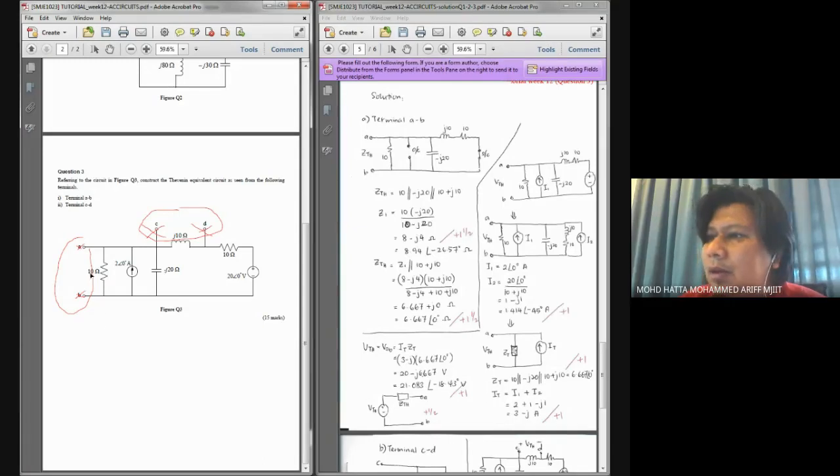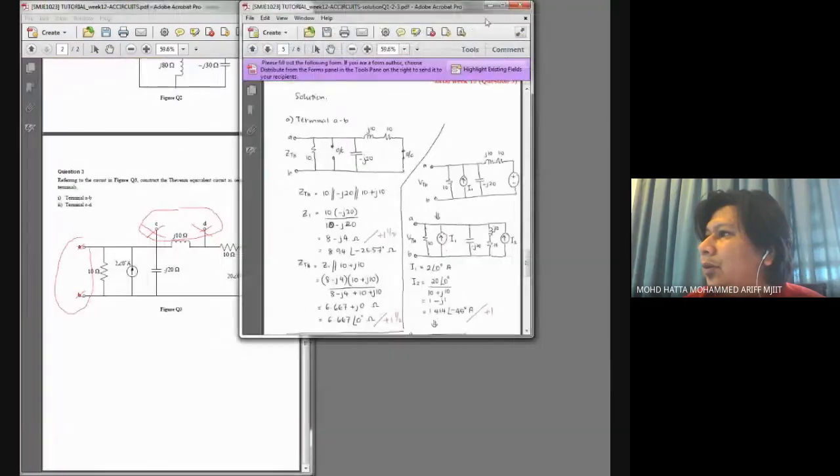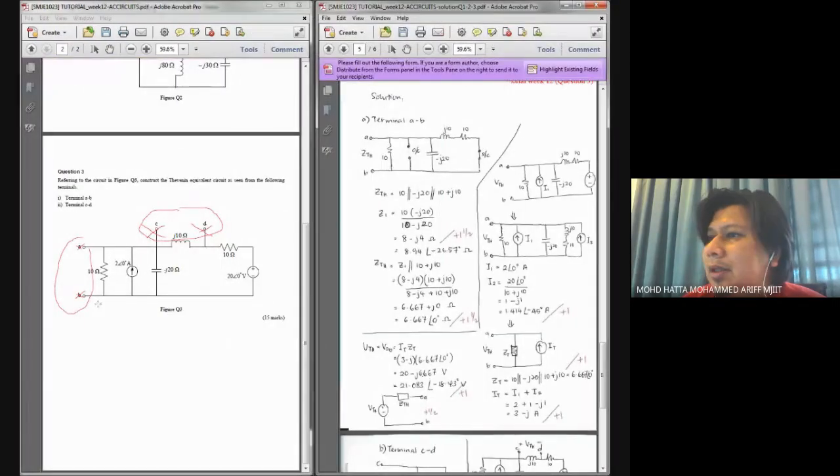So the first part, before we forget, if you would like to calculate the Thevenin equivalent circuit, our main objective is to find ZTH as well as VTH. Looking at the circuit itself, we have two sources.